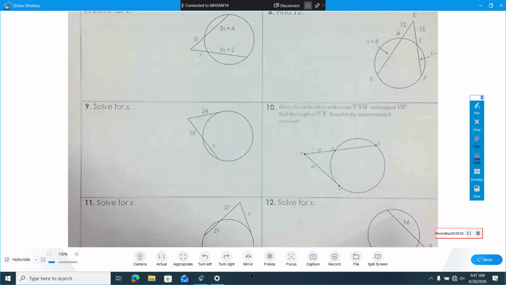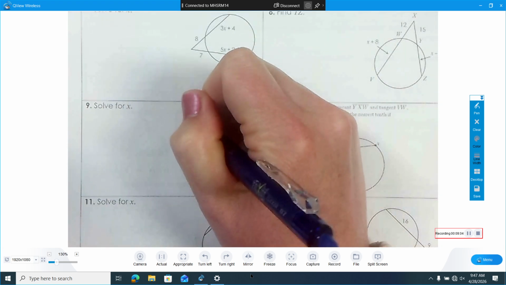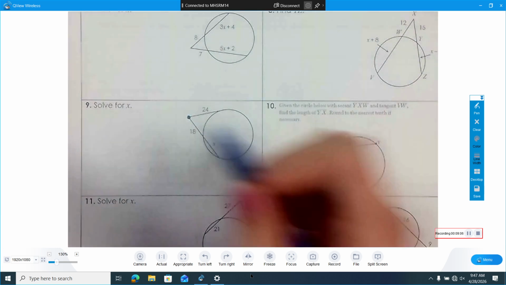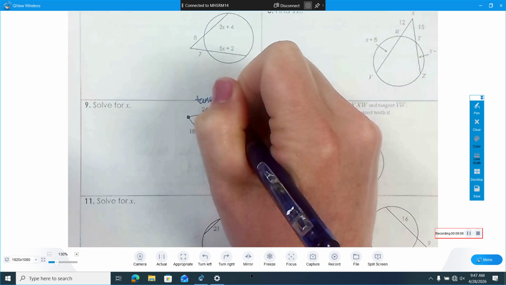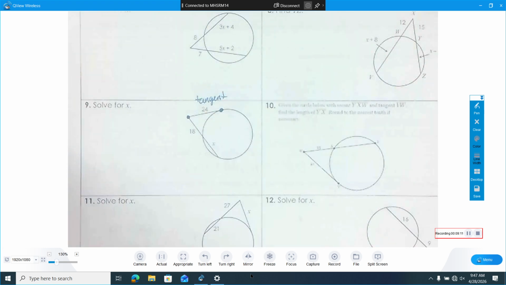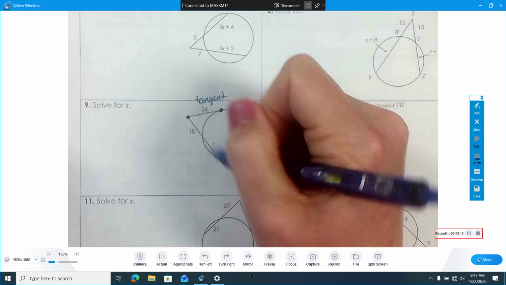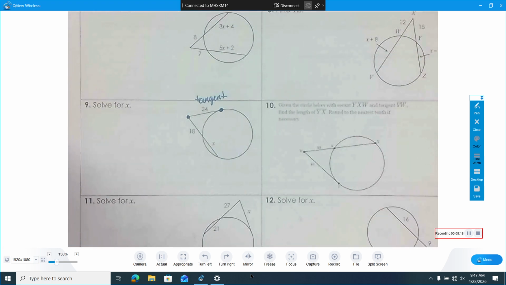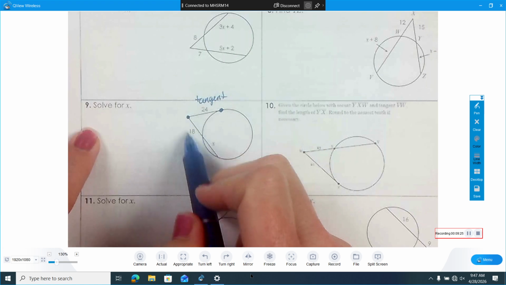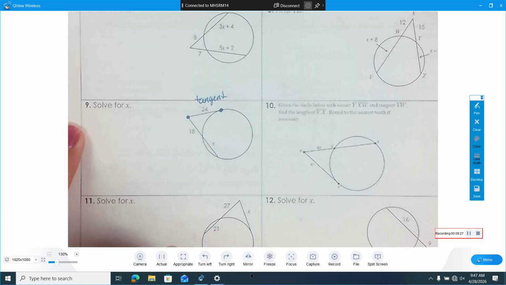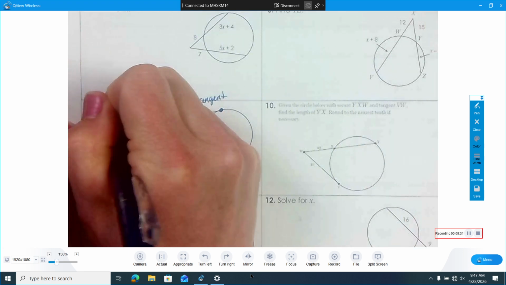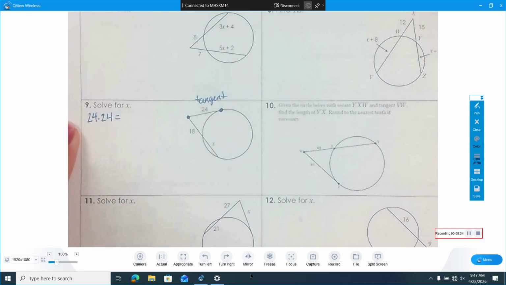All right, so once again, here on number 9, this is a tangent line because it's just touching. Remember, tangent means to touch, so it's just touching. And then here we have a secant. A secant passes through. But it still follows the same exterior times whole. So on the tangent line, what's our exterior? 24, and the whole thing is also 24. Exterior times whole.